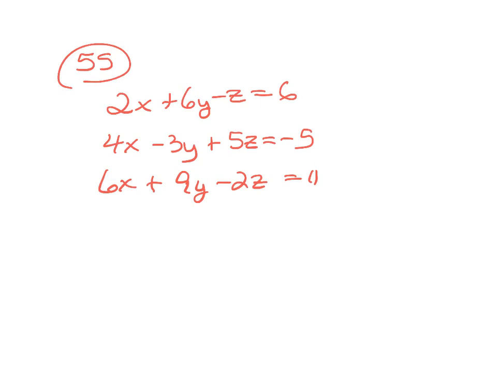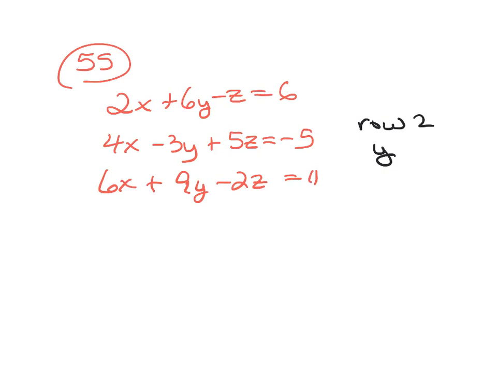Okay, so let's see. Again, when I try to pick my pivot row, I'm trying to do something that's going to involve the least amount of work, where maybe I don't have to multiply so many things. So I'm going to choose row 2 as my pivot row, and I'm going to eliminate y.